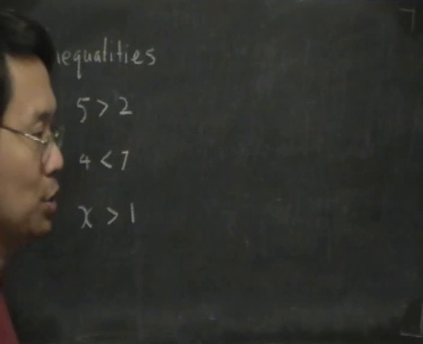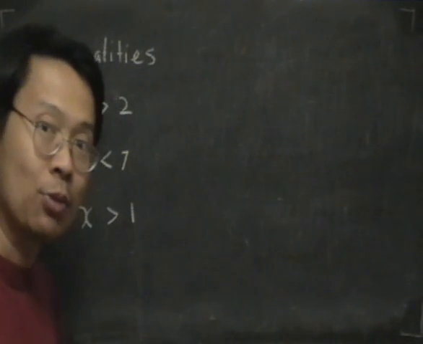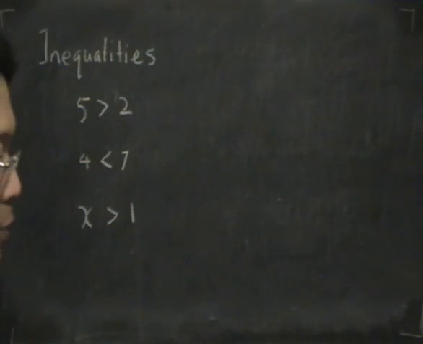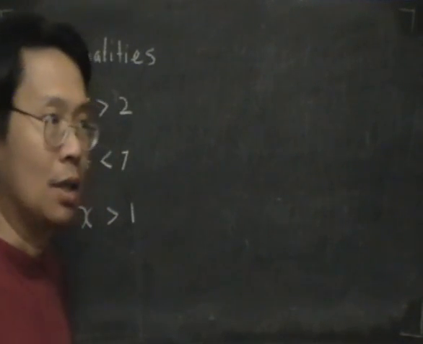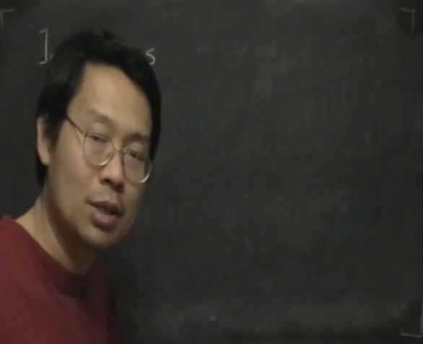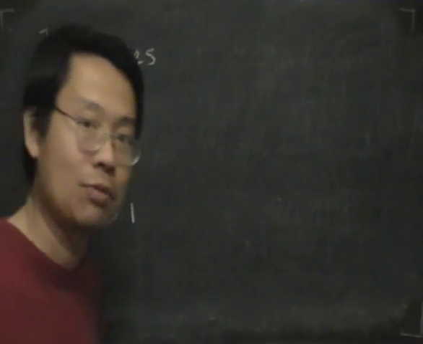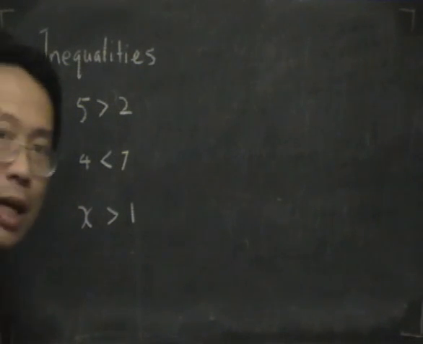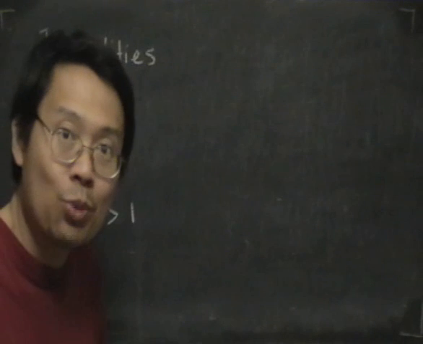If we have an equation with x inside, we need to solve it to find out what is x. Okay, and we are used to having a question like maybe 2x plus 1 equals 3, and then we can solve for the x and get a definite answer. But in this case, is there a definite answer for x? If x is a number that is greater than 1, then what is x?